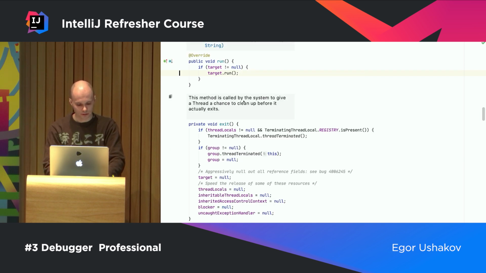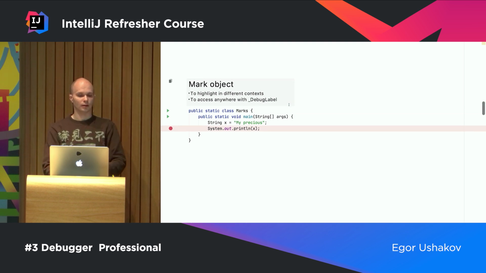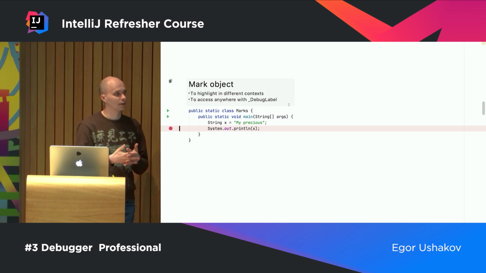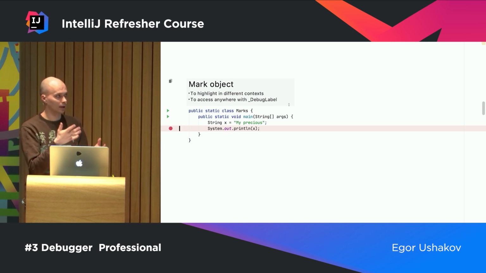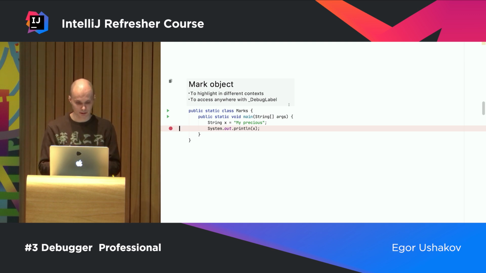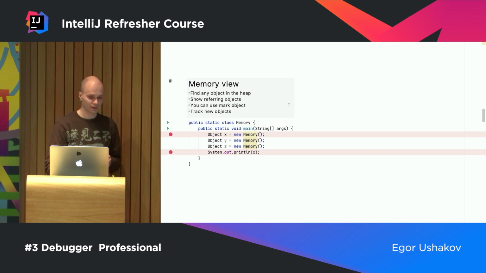Now you saw that we have some things we can use to see what's happening in the program, even if we don't have the exact objects in the context where we are right now. But the debugger actually provides you much more.